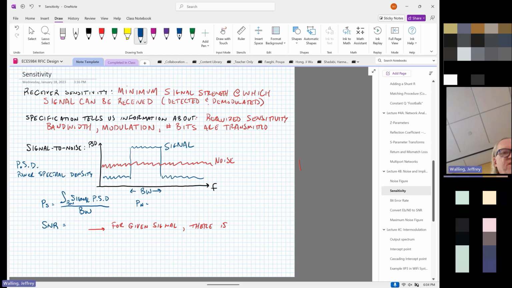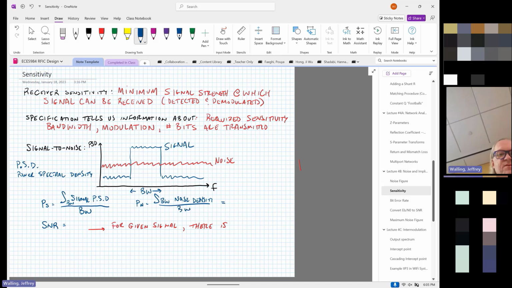The power of the noise, we're also really worried about in our band of interest. It's equal to the integral across the bandwidth of the noise density divided by the bandwidth.